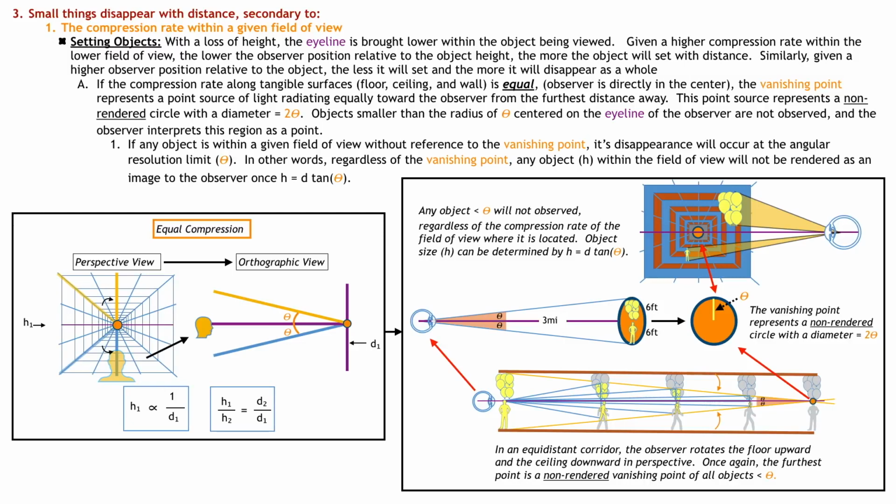So if I were to, say, look at a 6-foot person walking away from me who is carrying a 6-foot stack of balloons at 1 arc minute of resolution, I would watch that person get smaller with distance, and the balloons get smaller with distance if we had a ceiling in this case. So we're in a hallway, right? This is the example where we are in a hallway where we have walls, ceilings, and floors.